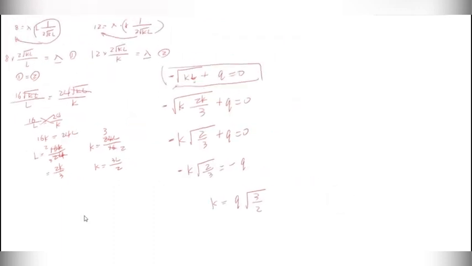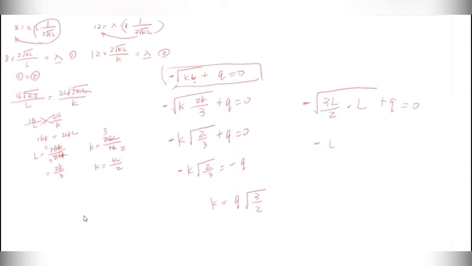Use this, just put the K in the formula. Negative square root; I want to put the K in here. So K is 3L over 2 times L, plus Q equal to 0.